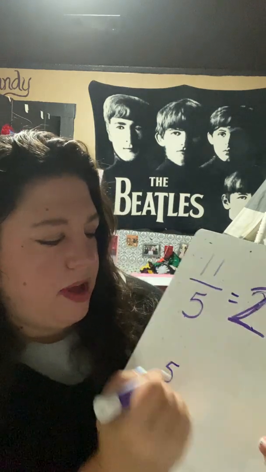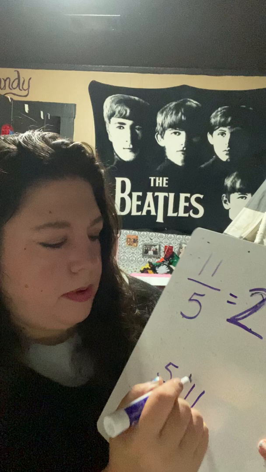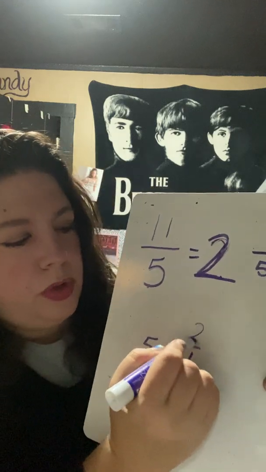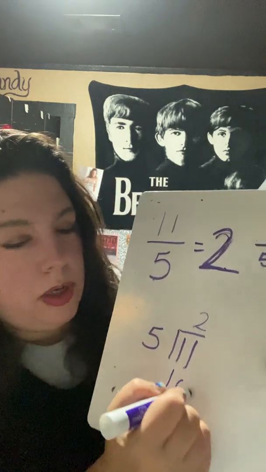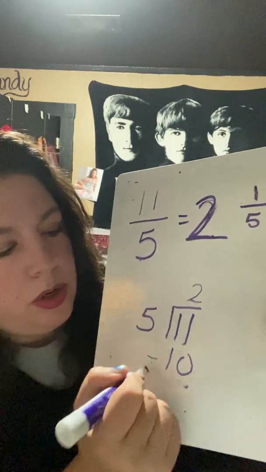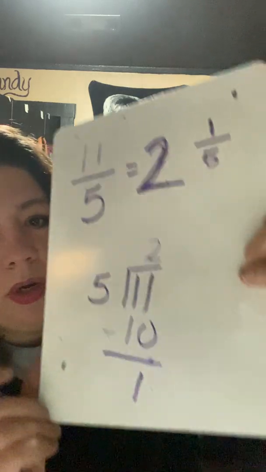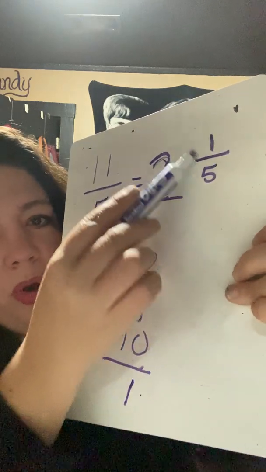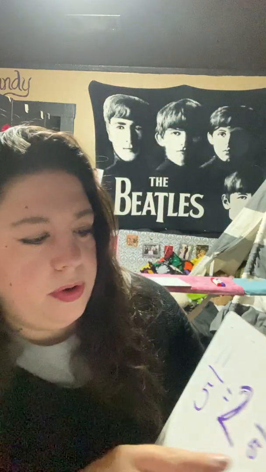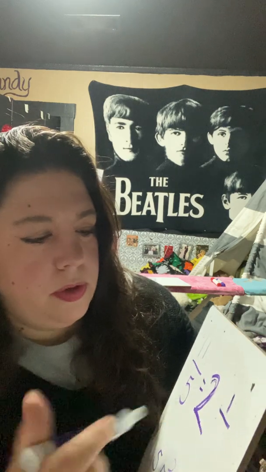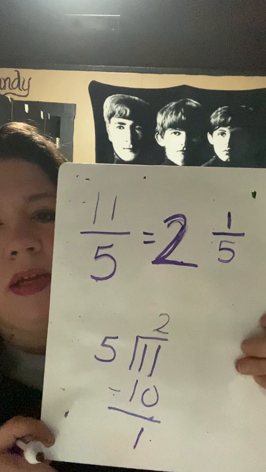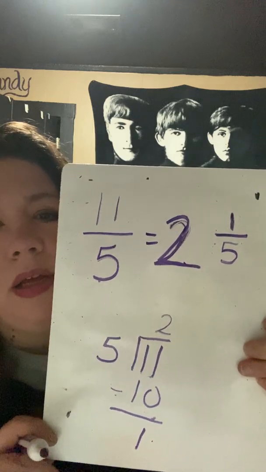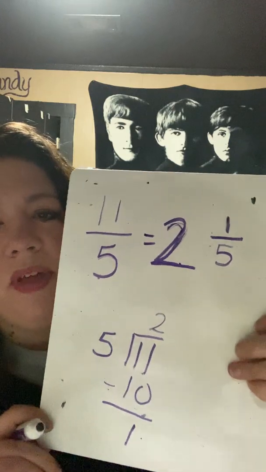How many times will 5 go into 11? 2 with 1 remainder. So 2 with 1/5 left over. 11/5 equals 2 1/5.